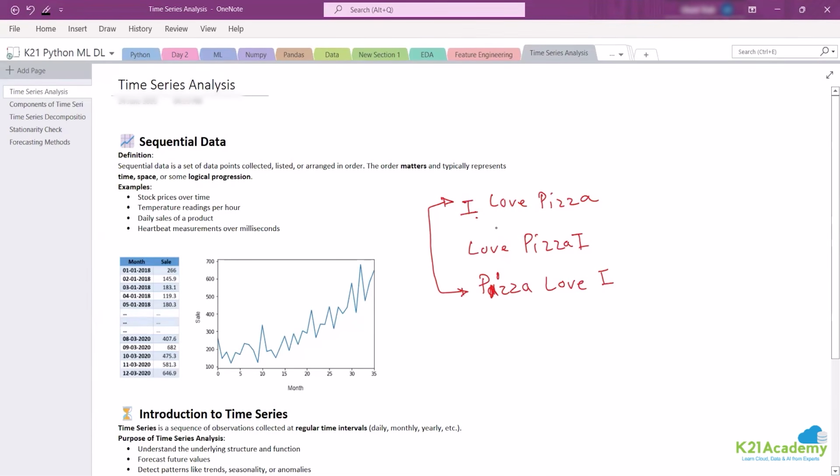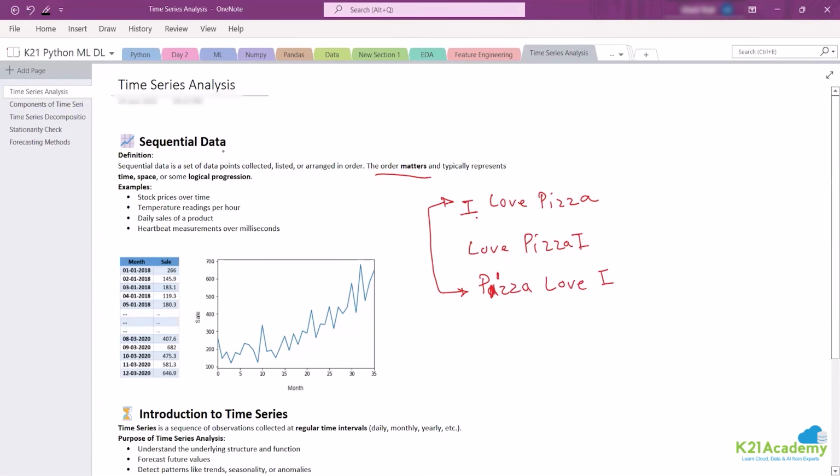But when we place all those words in different orders, the meaning changes. Sometimes it will be meaningless. So if we place data in some particular order, and the order matters, that kind of data is called sequential data.